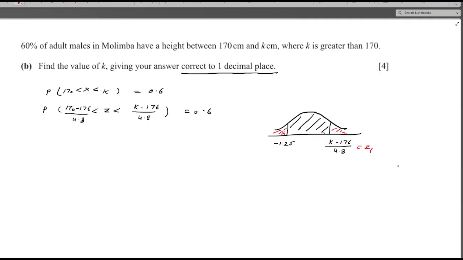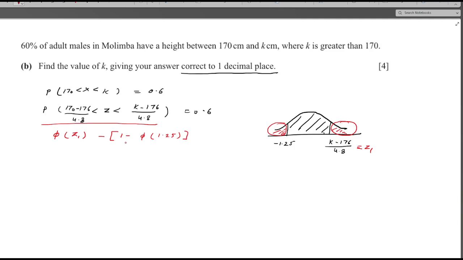Try to understand. Let us consider this whole thing as z1. So this probability is phi of z1 minus 1 minus phi of 1.25. This (170 minus 176) divided by 4.8 is minus 1.25. Now 1 minus phi of 1.25 will give this particular area, and that is the same as this area.